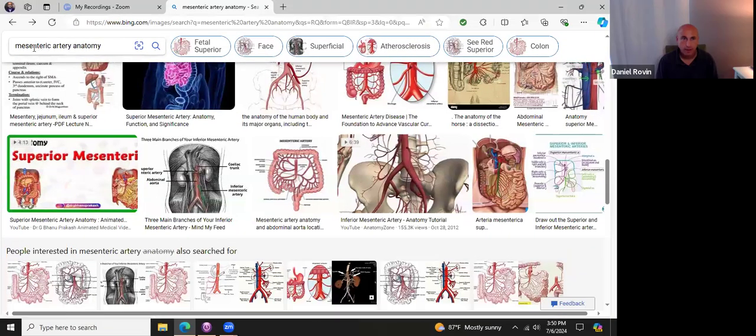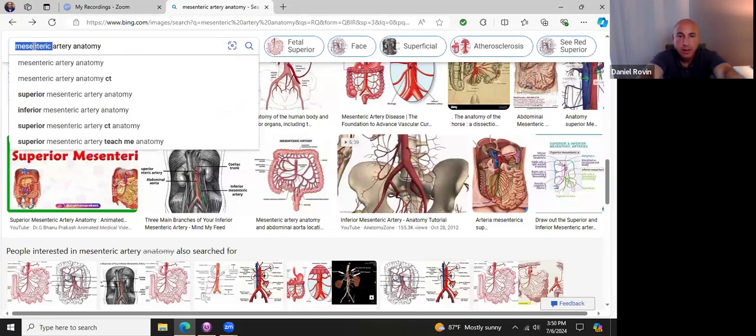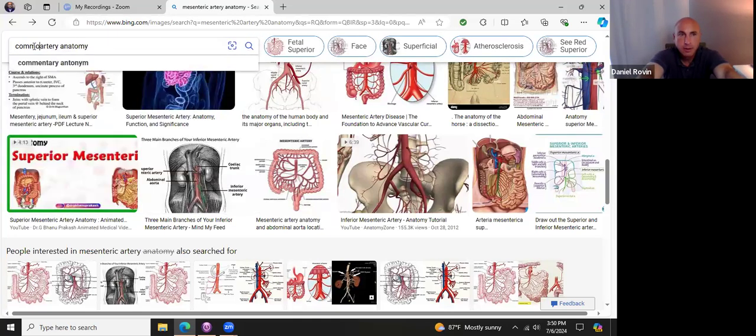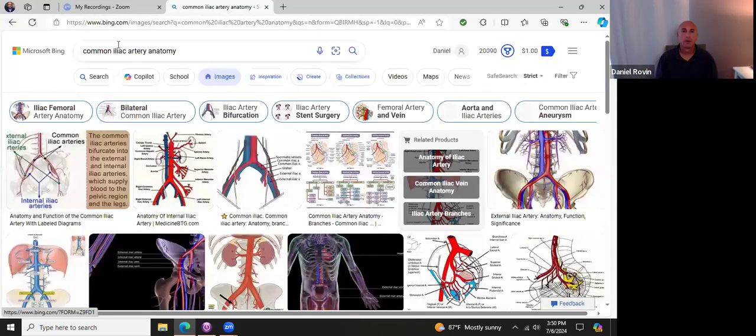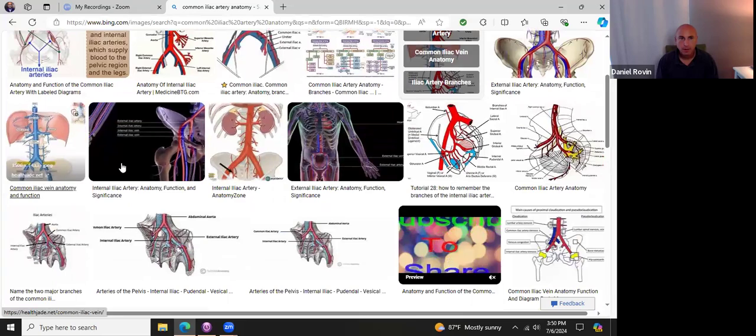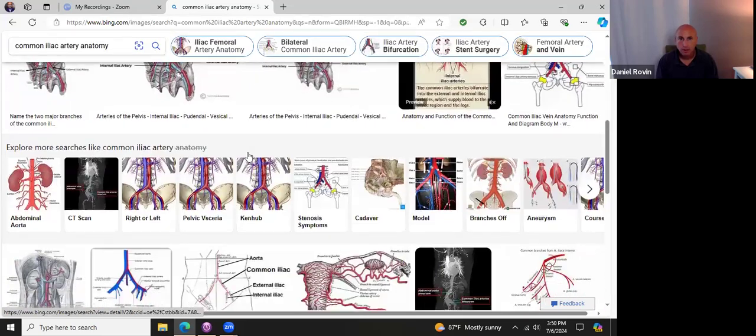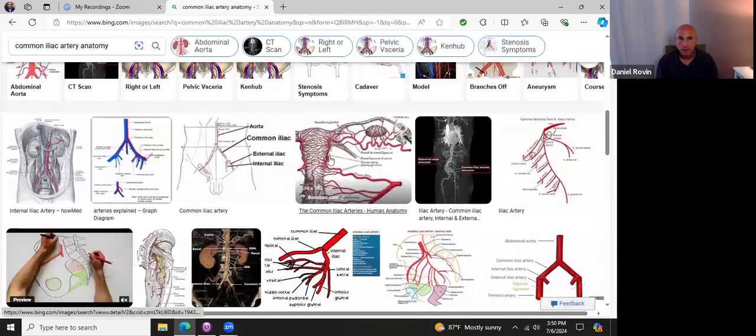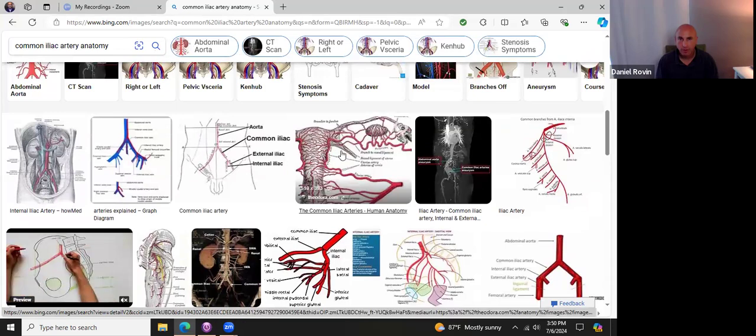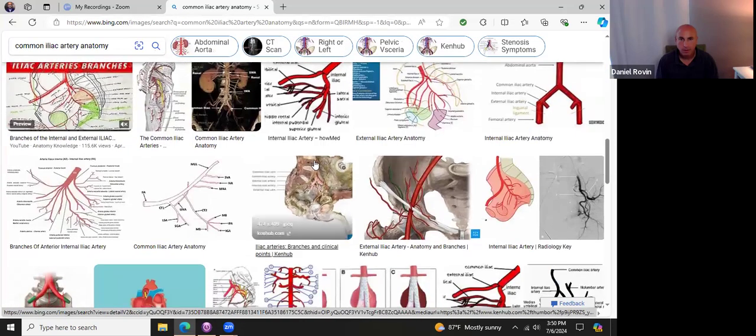So let's find that. So let's type in common iliac artery. You see here, that's the uterus, that's the ovary. So here, that's what I'm looking for.